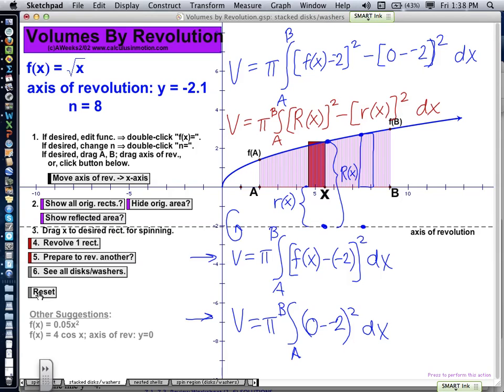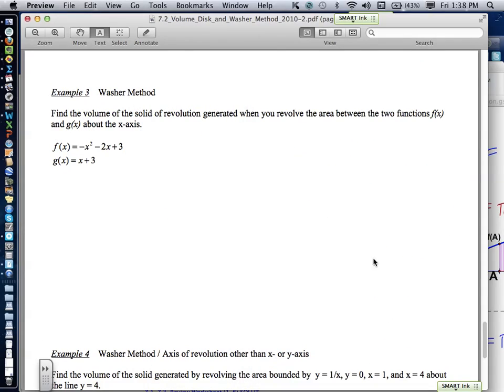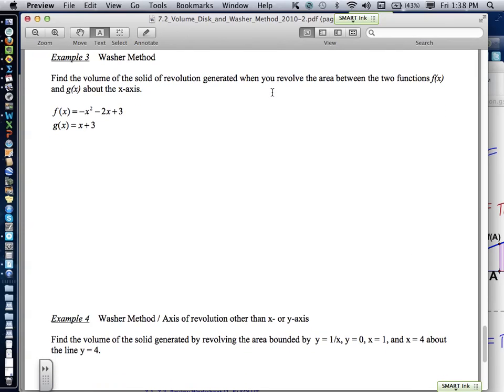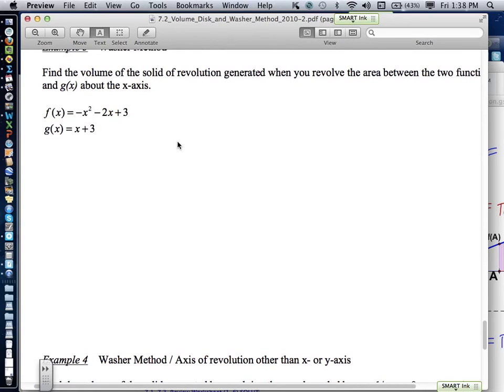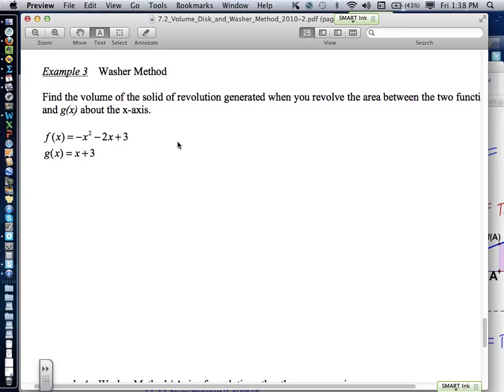And that's what we're after. All right, so let's look at an example from the notes. Take out your graphing calculators if you would. So we're going to have to graph something here. Okay, so in this problem, we're going to find the volume of the solid of revolution generated when we revolve the area between the two functions f of x and g of x about the x-axis.